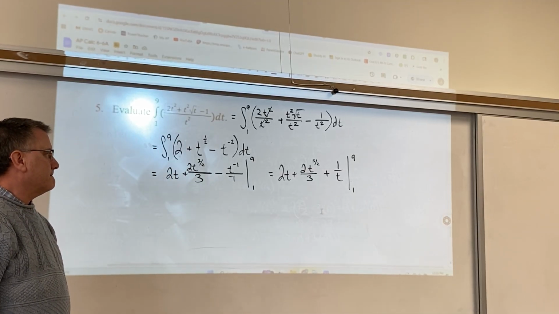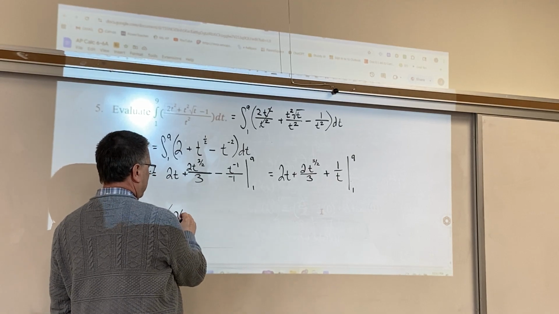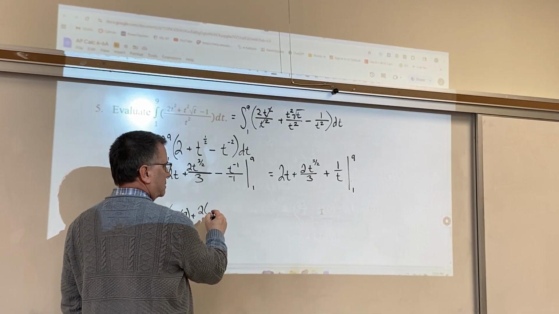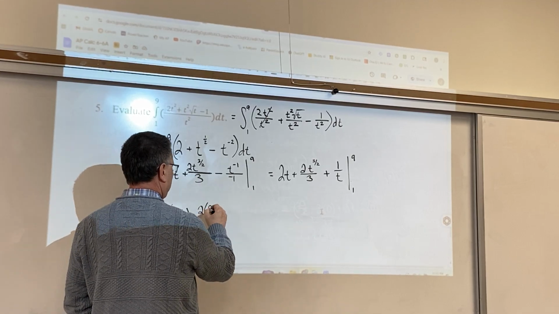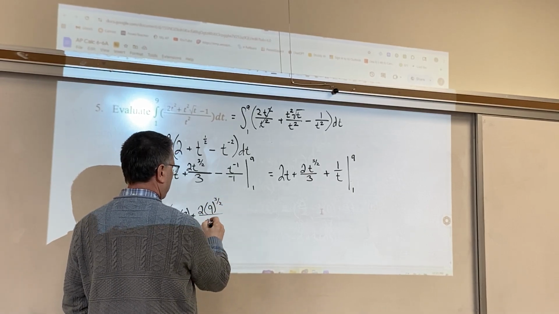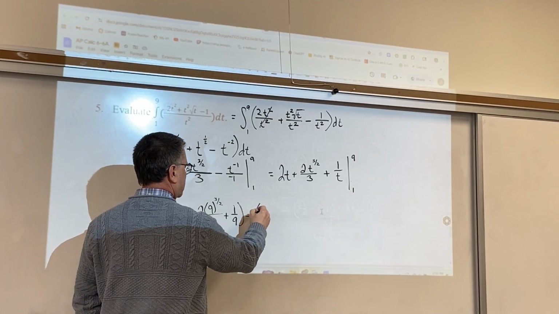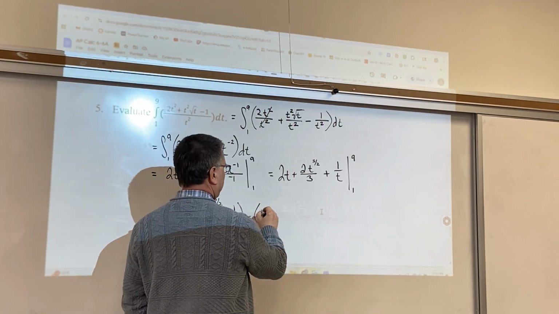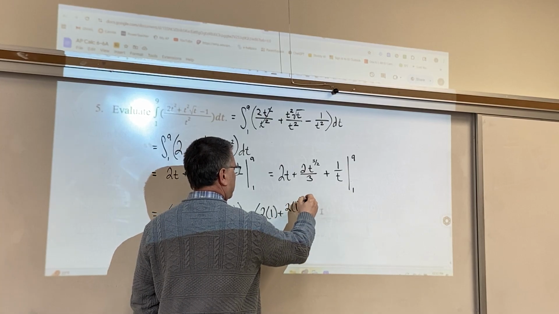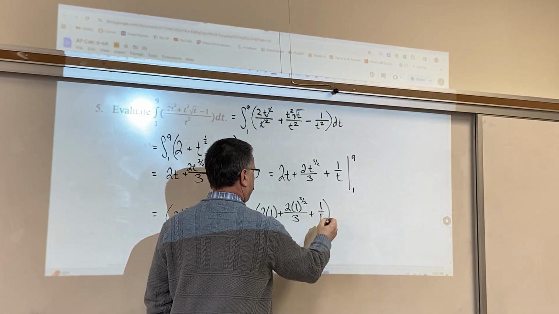Okay, so we got 3 terms, be careful. 2 times 9 plus 2 times 9 to the 3/2, we'll keep it the way it is, over 3, plus 1 over 9. And then we're gonna subtract everything with the 1 in it. So 2 times 1 plus 2, 1 to the 3/2 over 3 plus 1 over 1.